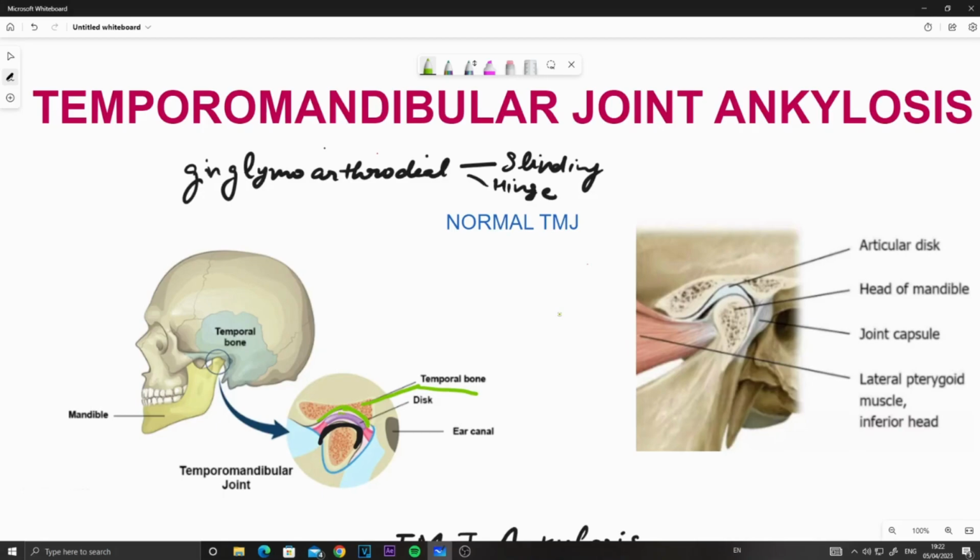The temporomandibular joint is located just anterior to the external auditory meatus. Now this is the external auditory meatus, and as you can see, this is our temporomandibular joint, this is our condylar head, this is the glenoid fossa, and the articular eminence.